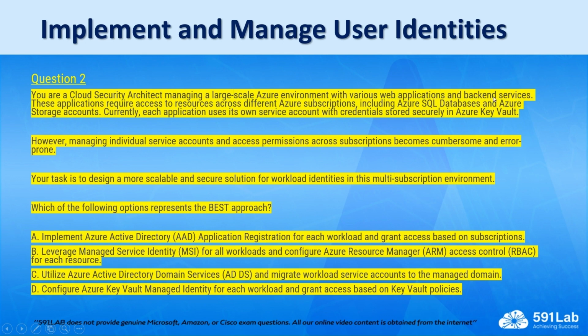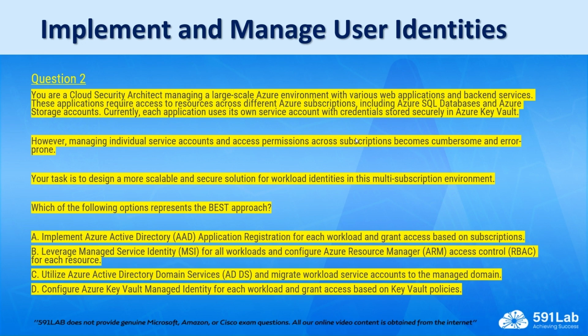Web applications and backend services require access to resources across different Azure subscriptions. Remember, underline, these applications require access to resources across different Azure subscriptions, including Azure SQL database and Azure storage accounts. Currently, each application uses its own service account with the credentials stored securely in Azure Key Vault.